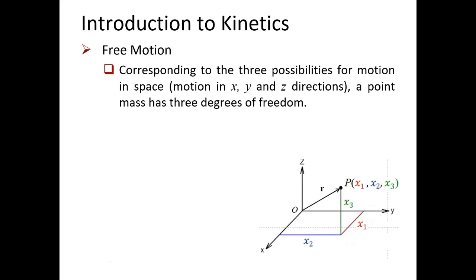Now, when it comes to general discussion about motion, if any object is not constrained or has been given the full freedom to move in space, we call it free motion. So total freedom is provided to move as the object would wish to. That kind of motion is called free motion.